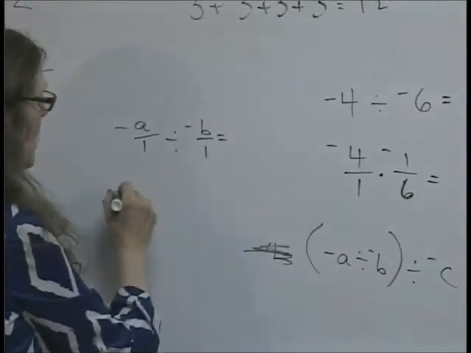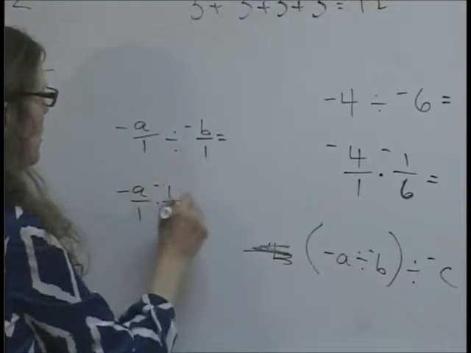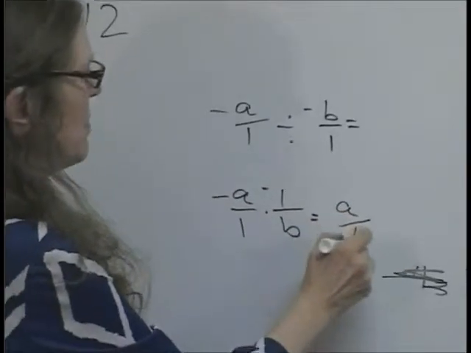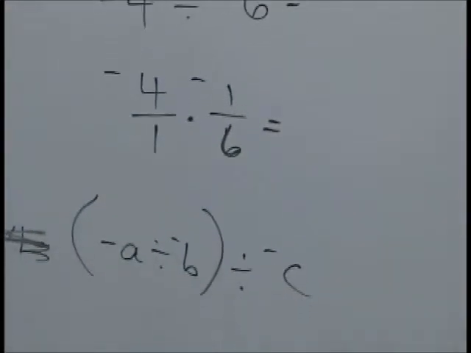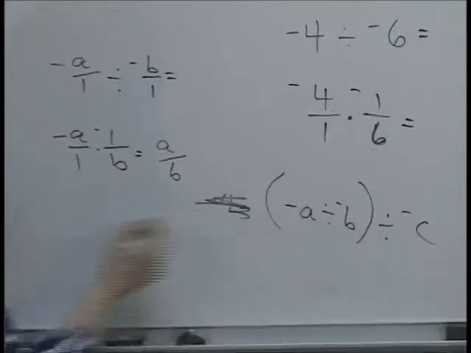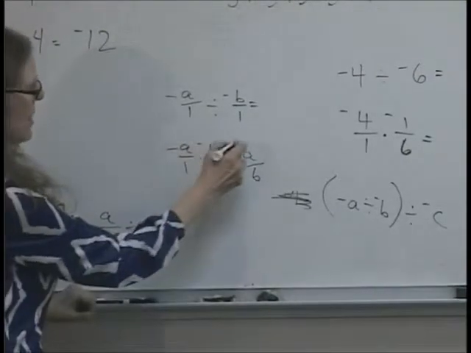That's equal to negative a over 1 times negative 1 over b. Two negatives multiply to be a positive, so that's just a over b. So then that's what this part equals, right? So now I've got a divided by b, and it's positive because it was a negative times a negative.